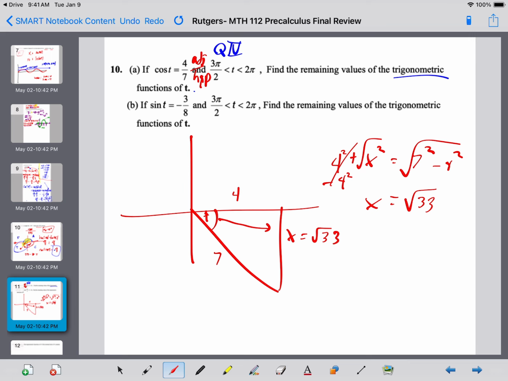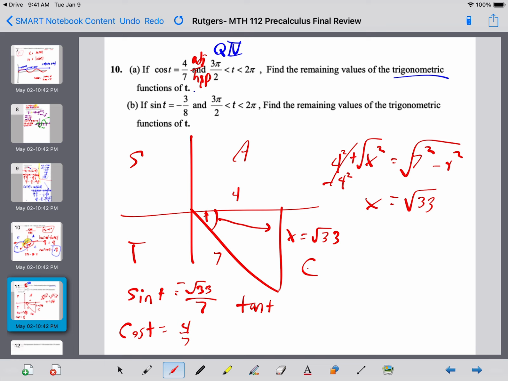So then sine of t is opposite square root of 33 over hypotenuse 7. Remember, all students take calculus, so it's negative because cosine's only positive there. Cosine is already found, so cosine would be what's given, 4 over 7.